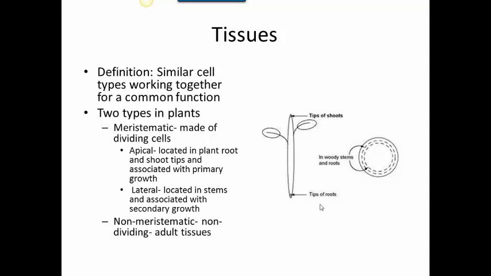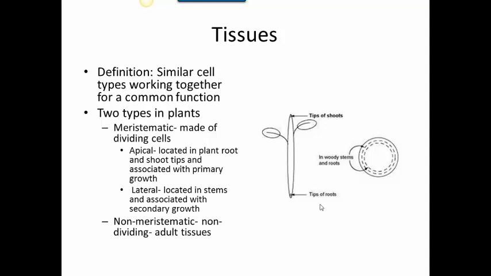So an example of a tissue in our bodies would be our fat tissue. So we've got a bunch of fat cells. Collectively, they help keep our body insulated and they help to cushion some of our organs. So it would be an example of a tissue. All those fat cells look pretty similar and they're all performing a similar function.